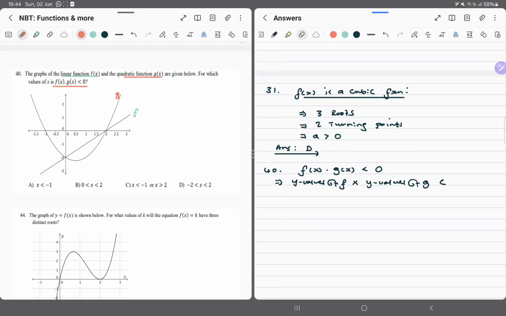This must be equal to a negative number.